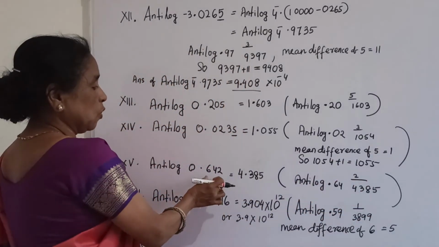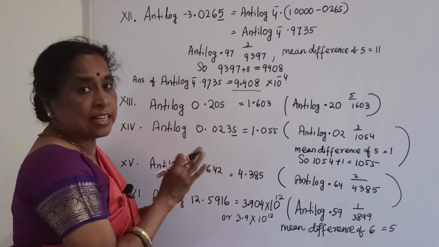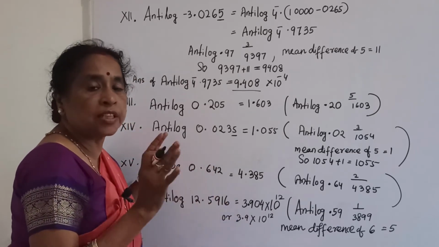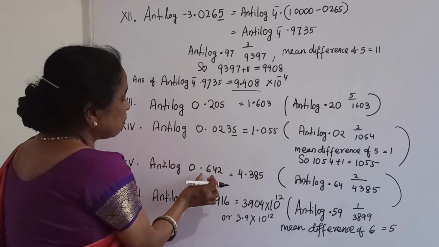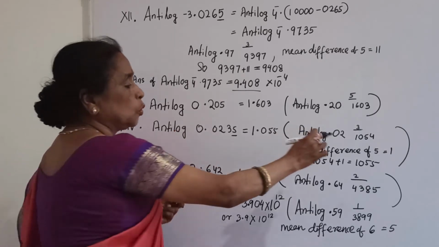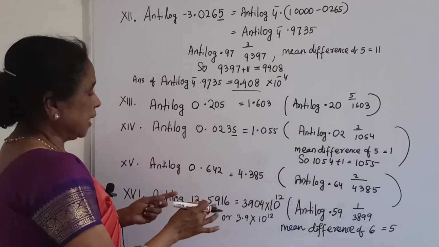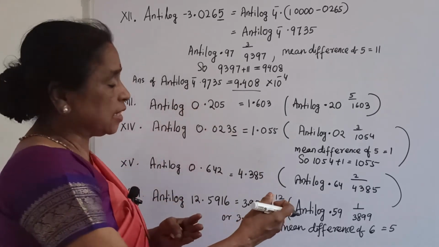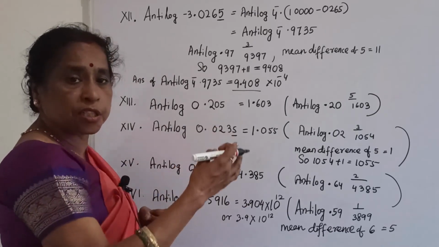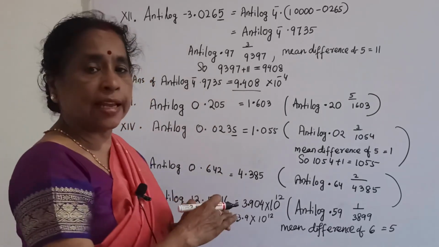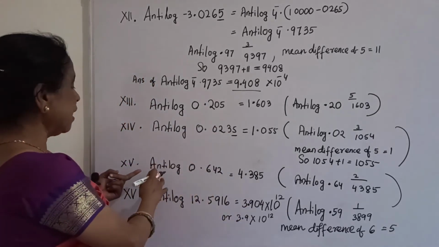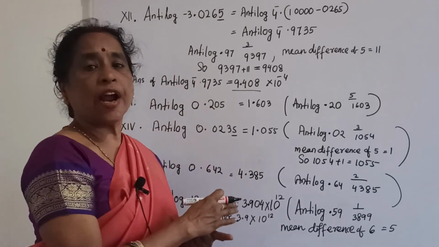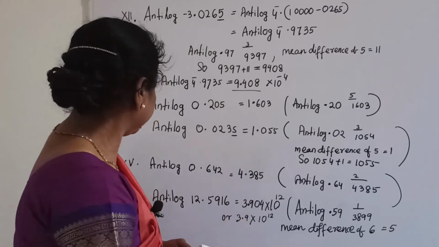Since it is only 3 digits, there is no mean difference. You do not have to calculate any mean difference. Only 0.64 to the value is 4385. Put 4385, and after one digit you put the decimal. So the answer is 4.385. That means antilog of 0.642 comes to 4.385.